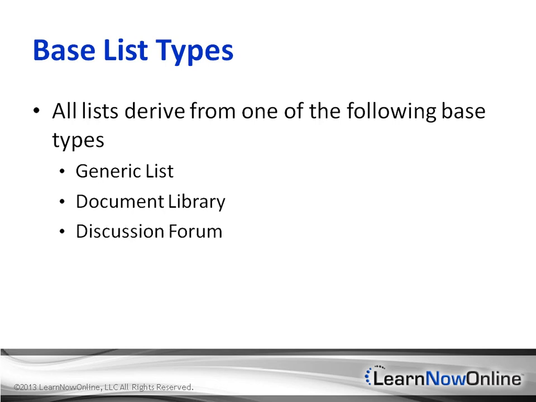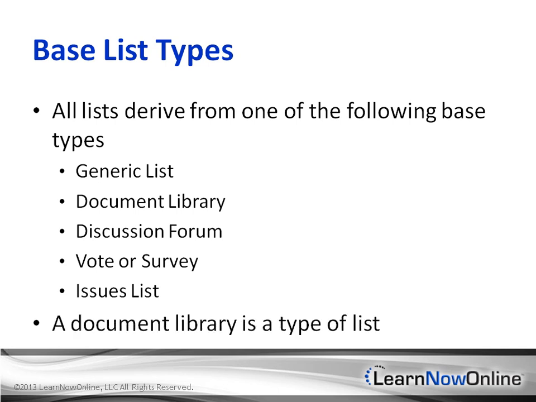And then there's a discussion forum that adds features for doing discussions. And then there's a vote or survey type, and then an issues list. But at the root of everything is the generic list. And again, the document library is just another type of list with added functionality.